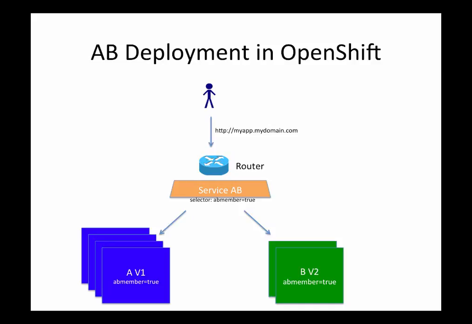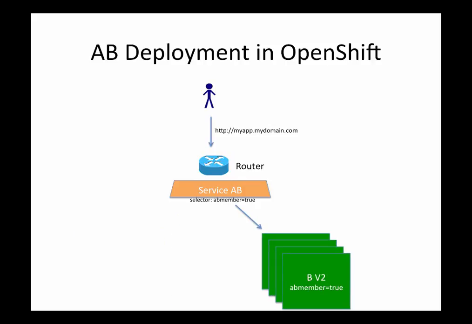Your service will pick up your new pods based on the same selector that we had assigned to it before, and the traffic now gets routed between version 1 and version 2. Eventually you can just keep version 2 and remove version 1 if you're happy with version 2, right? So that's the model. Let's look at the example of how to do that in OpenShift.